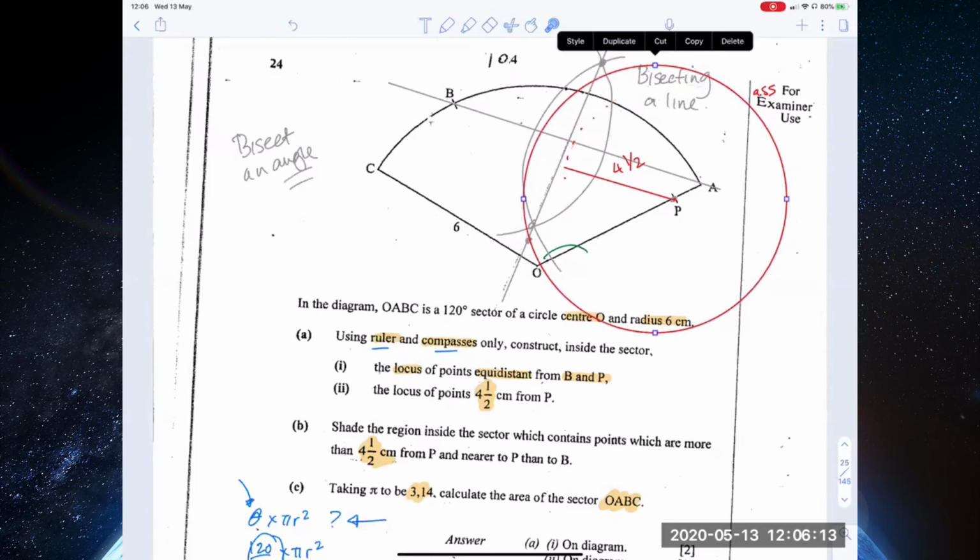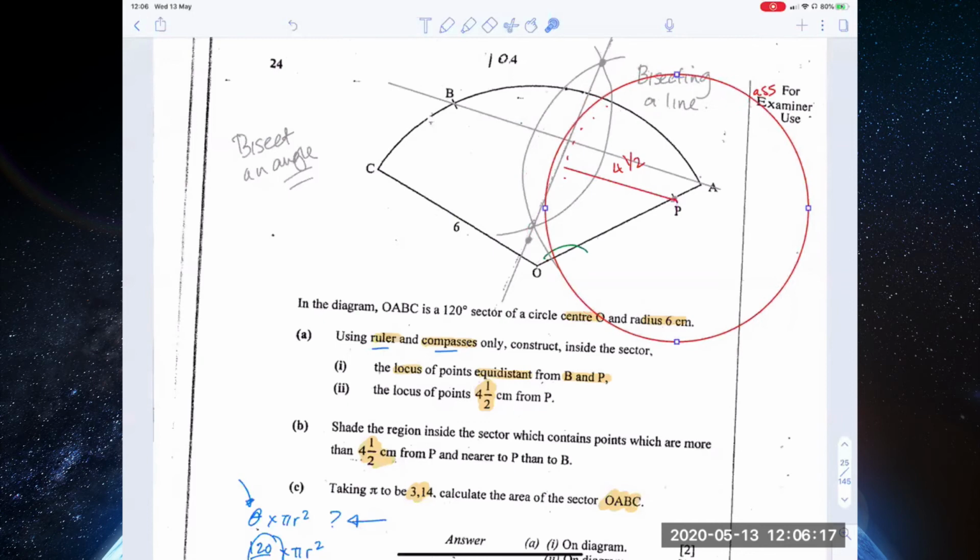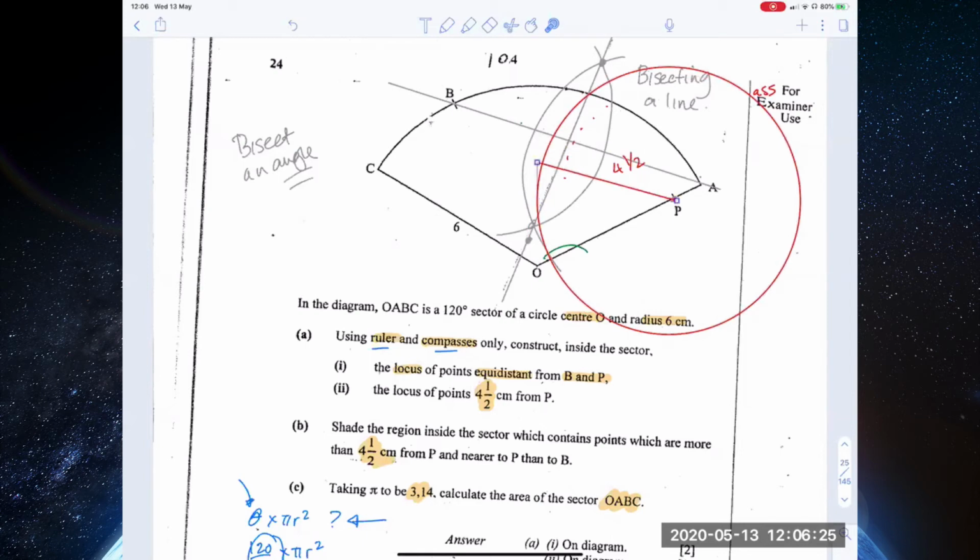So let's say that's 4.5 centimeters, and let's try to make it central so that it's right in the center. You see now? And let's make the diameter go right to the edge. That's the radius, actually.